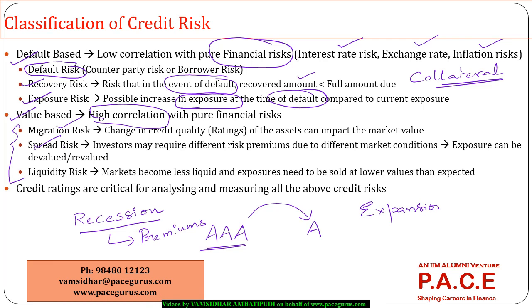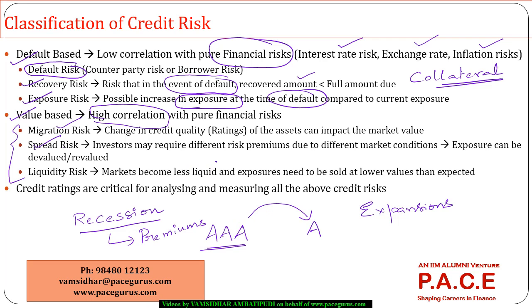So due to different market conditions, the investors are typically looking for different kinds of returns because they are perceiving the same investment as different levels of risk during the different market scenarios. So even because of that, the overall exposure can be either revalued or devalued. Even that is a part of the credit risk.